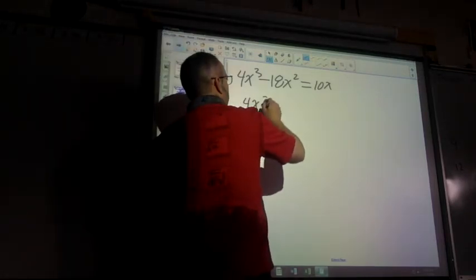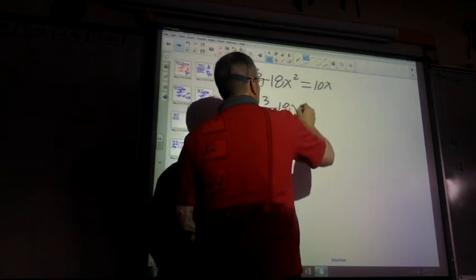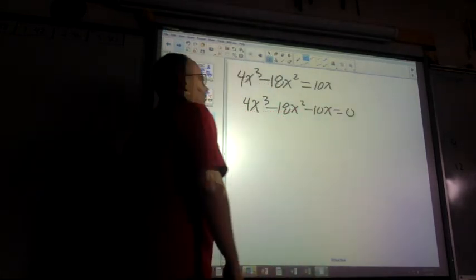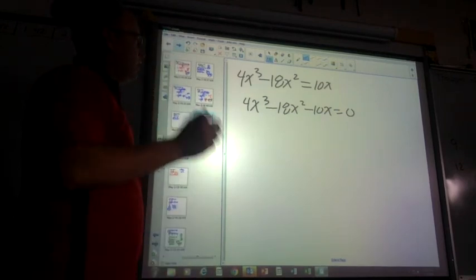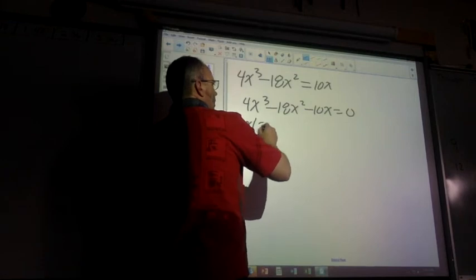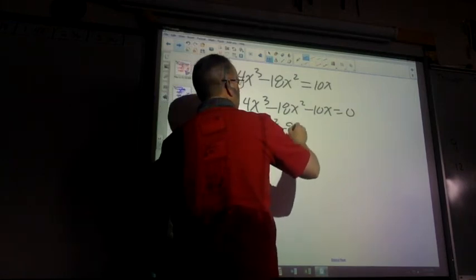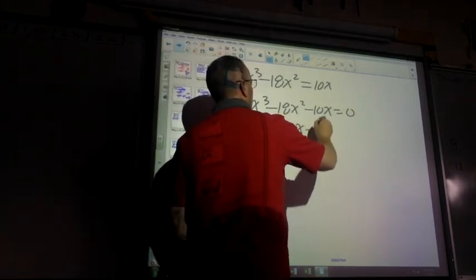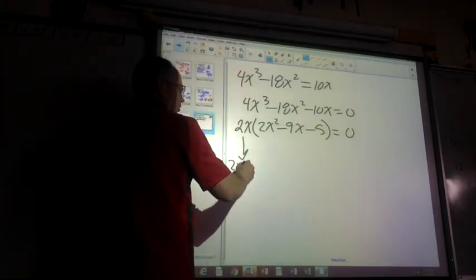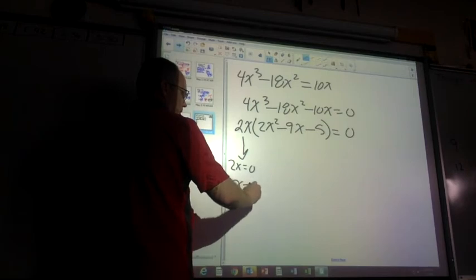I'm going to get 4x to the third minus 18x squared minus 10x is equal to 0. It looks like I could factor a 2x out of everything. That's going to give me 2x times 2x squared minus 9x minus 5 equals 0. Well, this one right here, that's going to give me 2x equals 0, so x equals 0 here.